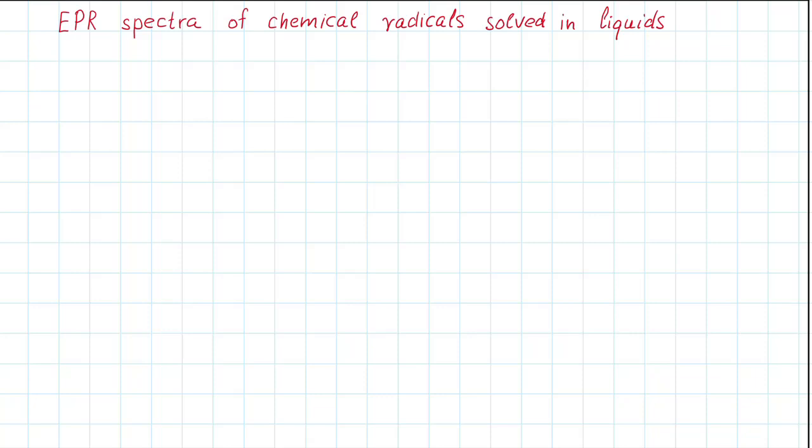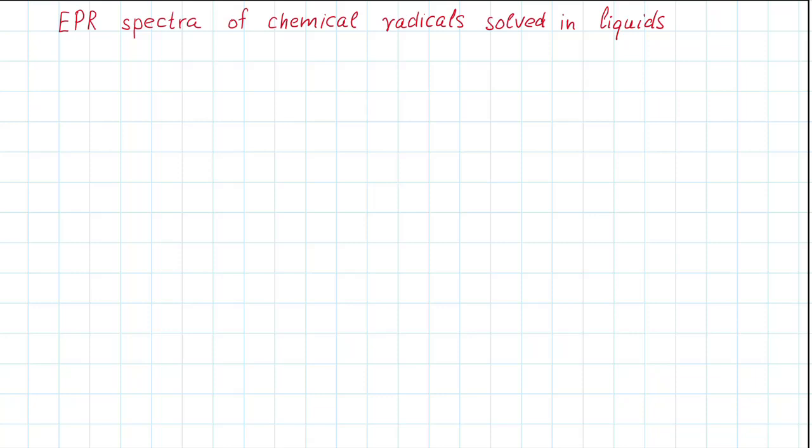Here I want to talk about EPR spectra of free chemical radicals dissolved in liquids. Generally, the detailed shape of such spectra can depend on various factors, such as temperature, concentration of radicals in liquid, viscosity, solvent property, and so on.